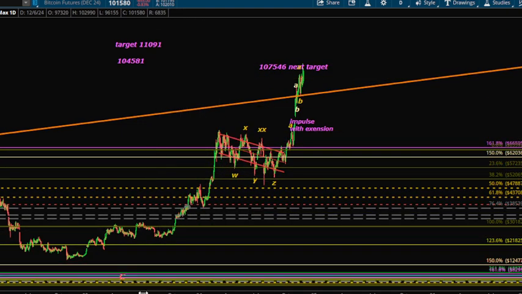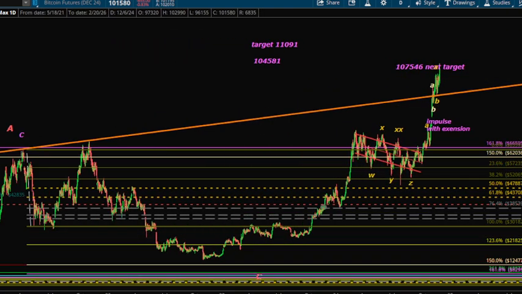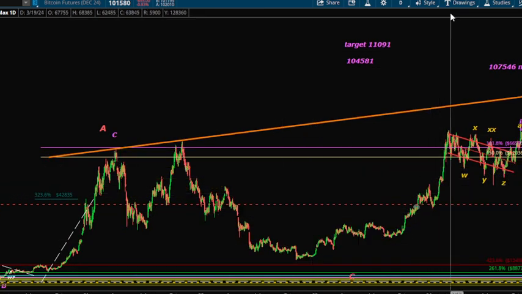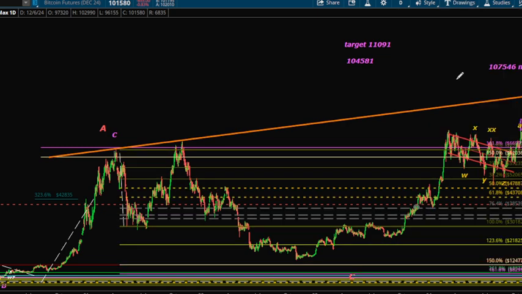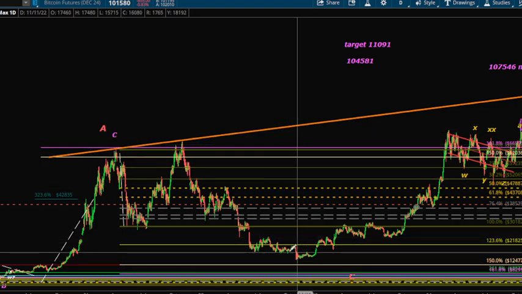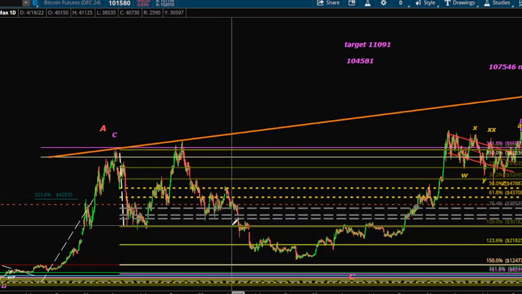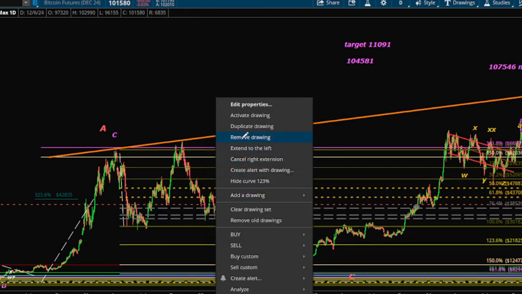This one. What was this one here? Oh, okay. This fib here was just to show the correction out of the first A. This is our cycle wave B. There's a lot that goes on right here, so I don't really have time to get into it, but I can get rid of that one right there.